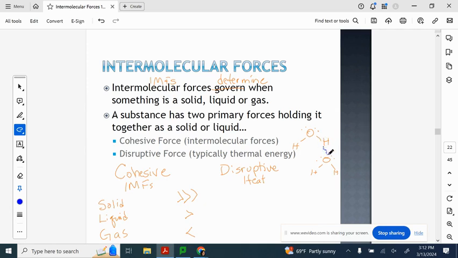So there's a force of attraction there. You start removing some of that heat, and what's going to happen to that attraction? It lessens, and these particles are able to slide past one another, but they still have a volume. You remove all of those altogether, and now they're free to spread out. So this is your gas, vapor, at that point.